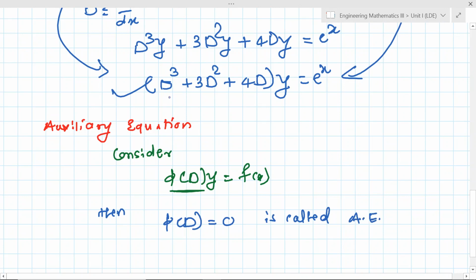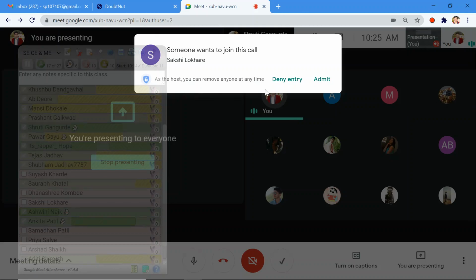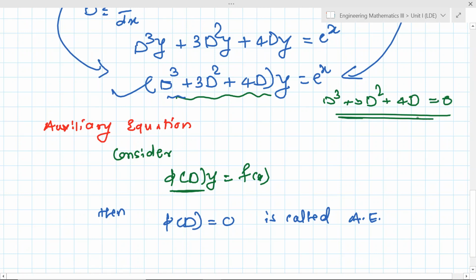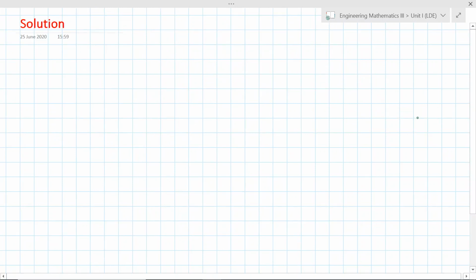So in this case, from this equation we have D cube plus 3D square plus 4D equal to 0 as our auxiliary equation. Hope you have got the meaning of auxiliary equation. Now let us move forward to the main topic.